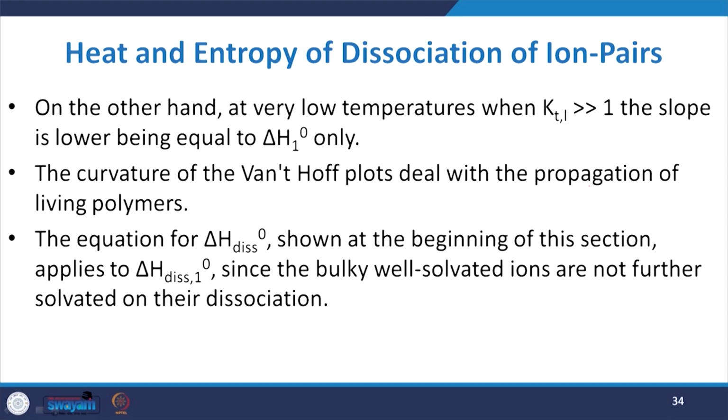On the other hand, at a very low temperature when K TL is greater than 1, the slope is lower, being equal to delta H L naught only. So, the curvature of the van't Hoff plot deals with the propagation of living polymers, which we discussed in the previous segment.